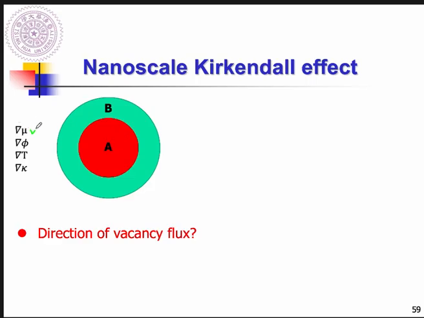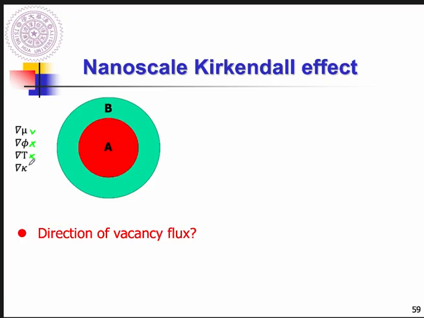So we do have a chemical potential gradient, or you can consider it a concentration gradient. But here we did not apply a battery, so we don't have an electrical potential gradient, and this material is maintained at constant temperature, so we don't have a temperature gradient as well.